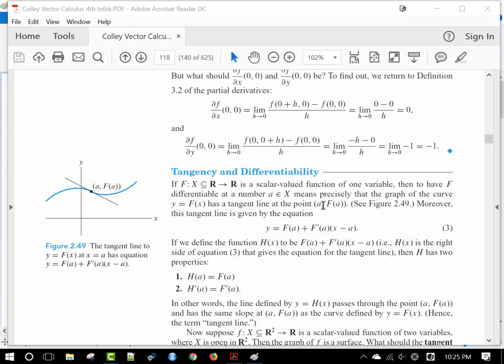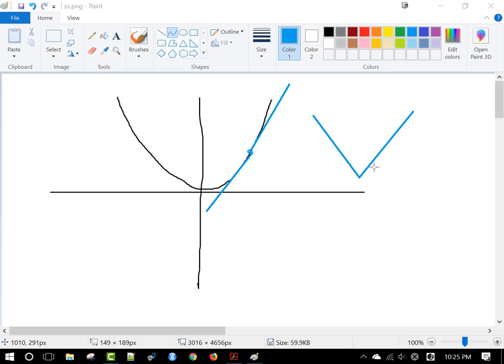Now, another way to view differentiability is that you have a function like this blue curve, and we say it's differentiable at this point, which means that there is a unique tangent line at that point. So if you imagine we consider this function, which is like the absolute value, it looks like this.